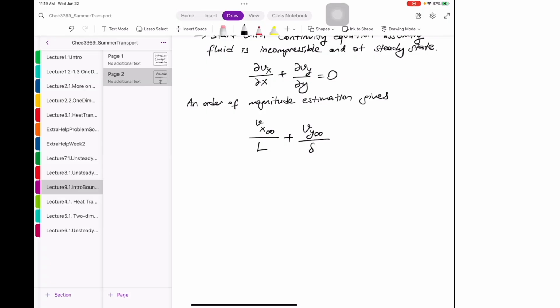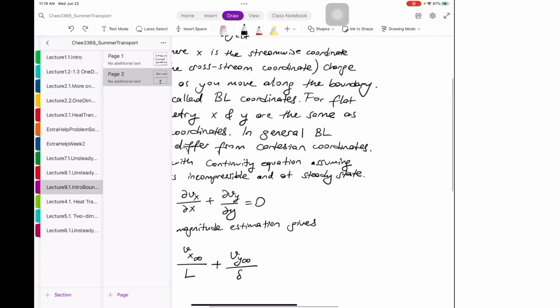right? Because y is in the order of delta, because I'm particularly interested in the range where y is within this delta region. Okay, and my x is basically like this much. So let me write through the geometry as well.